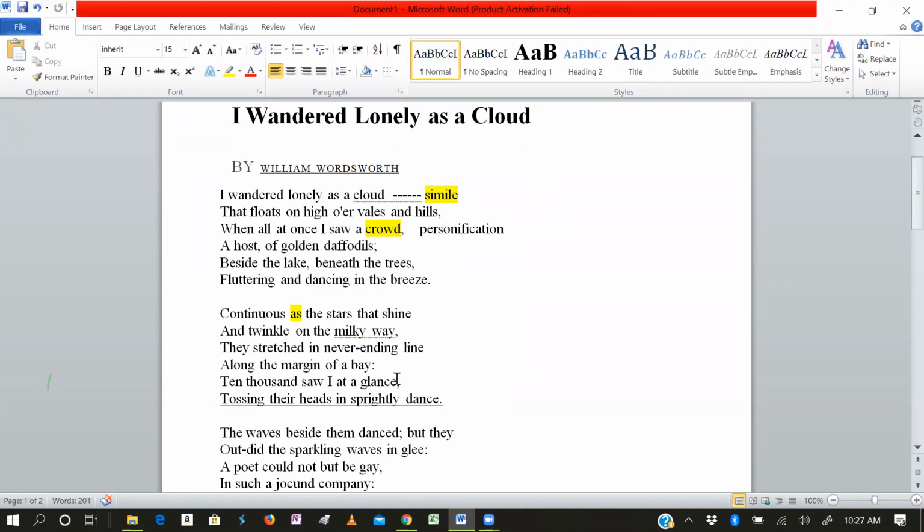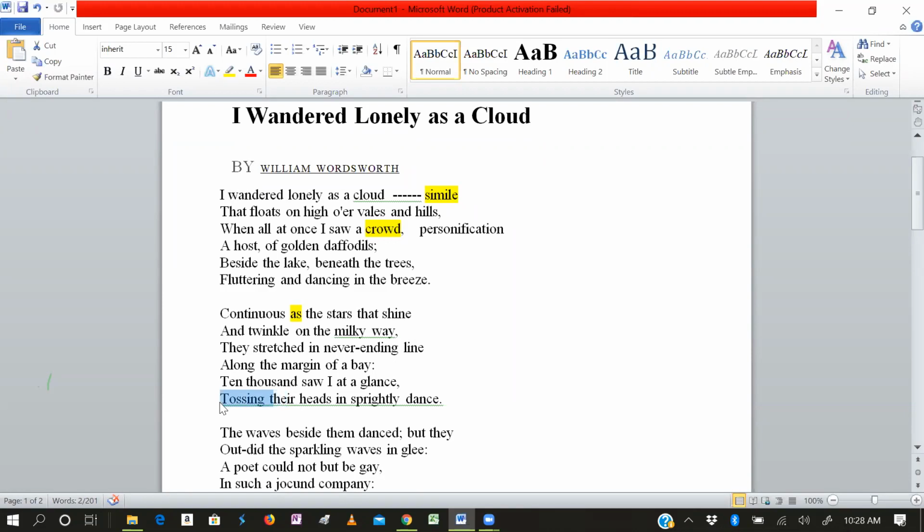in sprightly dance. They were moving with the breeze, tossing their heads. When the breeze starts, they start tossing their heads. You go to different places and see many flowers moving, tossing their heads. Here he has used the technique of personification.